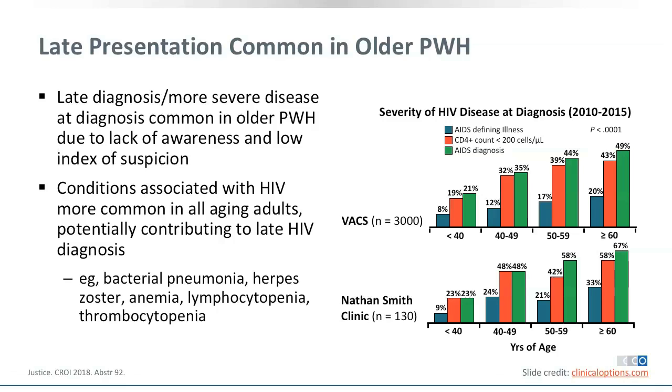And that's very important because some of them have or have had associated conditions with HIV that could facilitate the diagnosis, like bacterial pneumonia, herpes zoster, anemia, thrombocytopenia, lymphocytopenia. So it's very important to maintain a high degree of awareness regarding the potential presence of the HIV infection.